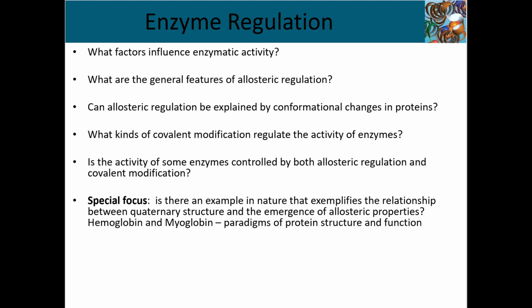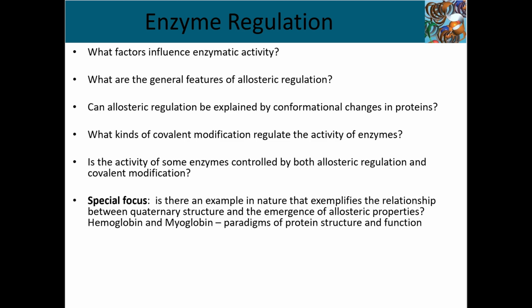We'll talk about covalent modification, which is a really important type of regulation for enzymes. We'll talk about how both covalent modification and allosteric regulation work in concert, with a couple classic examples, and then we're going to spend a little extra focus time on hemoglobin, because hemoglobin and myoglobin are really the classic example of how allosteric regulation functions.